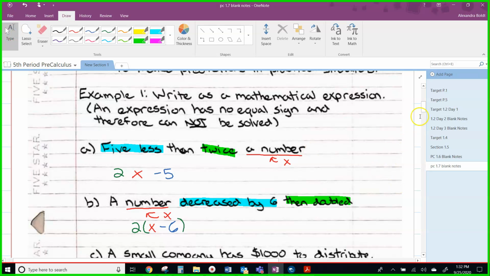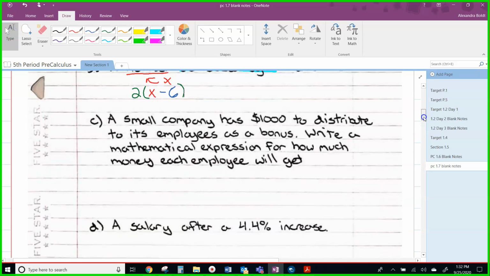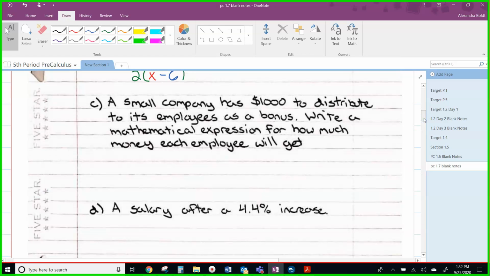Looking at C, we have a small company that has $1,000 to distribute to its employees as a bonus. Write a mathematical expression for how much money each employee will get. My expression is going to represent how much money each employee will get, but I probably still have an unknown. What is this going to depend on?